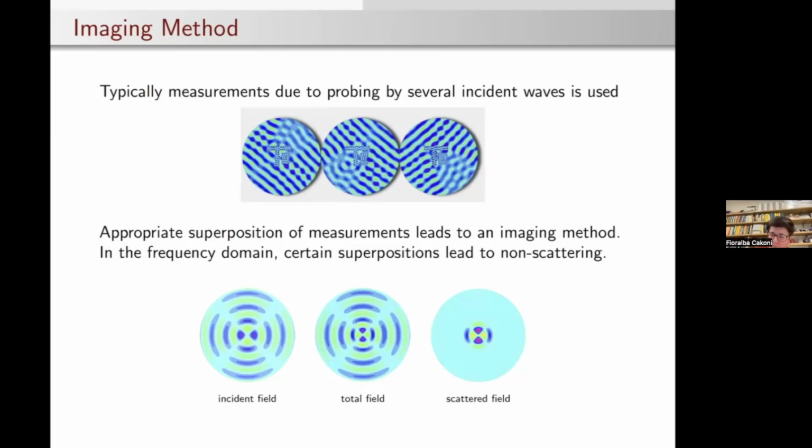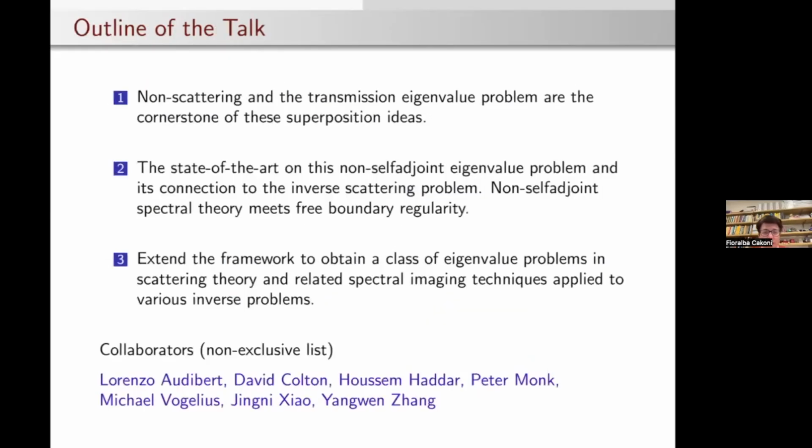So the outline of my talk is the following. The title describes the whole story, but I'm going to start, as I said, with non-scattering phenomena and connect it to this special transmission eigenvalue problem. They both are the cornerstone of this superposition idea, which leads to non-scattering, no response from the inhomogeneity.